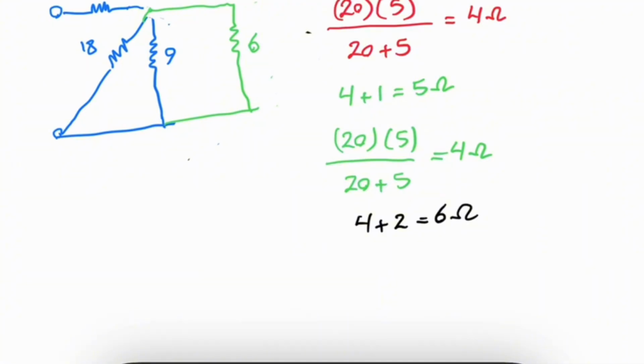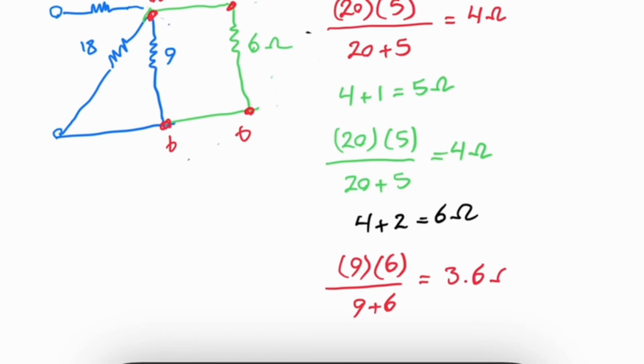that is 6 ohm. Now if you look at here, 6 is in parallel with 9 because both of them are sharing the same two nodes. Okay, if it is A, this is A. If it is B, this is also B. Therefore, what can I say? I can say that 9 times 6 over 9 plus 6, which if you calculate, is equal to 3.6 ohm.